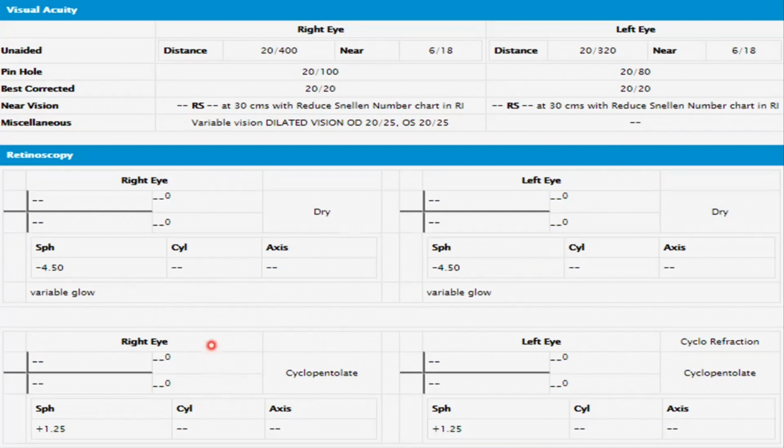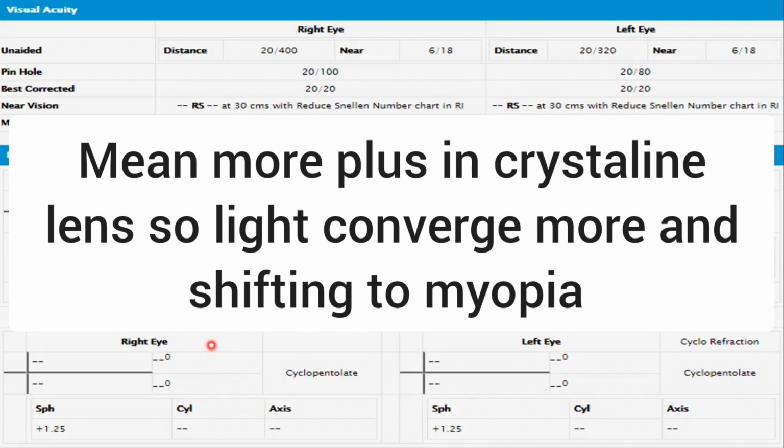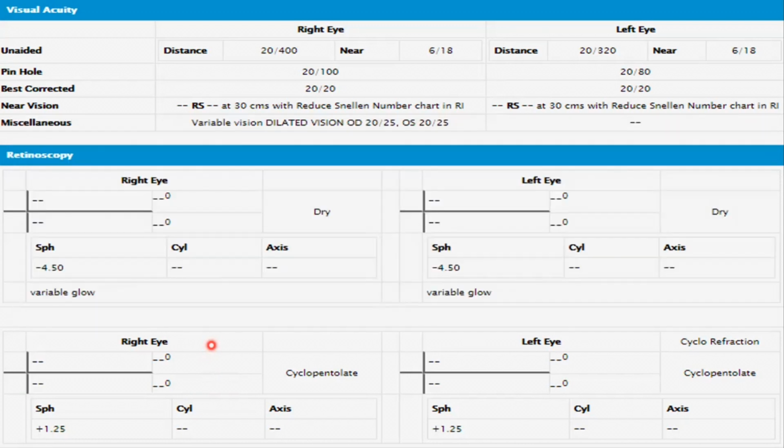That means accommodative spasm was there, and the accommodation was in spasm mode and activated for distance also, because the patient was not able to relax his accommodation. At that time, the patient was generating higher plus power for the distant object, so it ultimately led to a myopic shift, and the patient turned myopic.